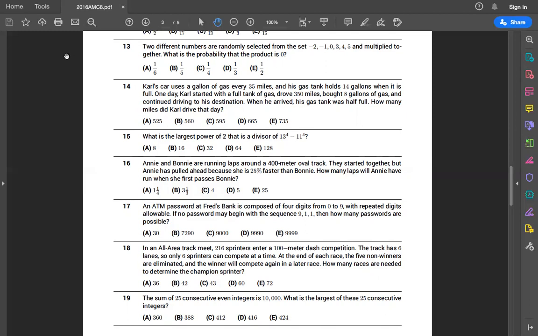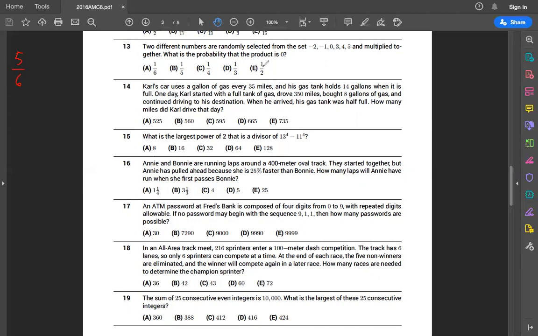So one way that we could do this is just use probabilities. We'll start by finding the probability that the product is not 0. And the way we would do that is say, what's the probability the first number is not 0? Well, it's a 5/6 chance. 1 out of 6, you'll get the 0.